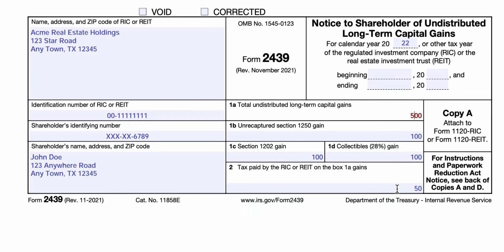And then there are certain procedures that nominees must follow if they are not the actual shareholders. What you might see as the actual shareholder, if there's a nominee, they would receive this form, and then they would have to issue you a specific form, and their information would actually be at the top as a nominee.